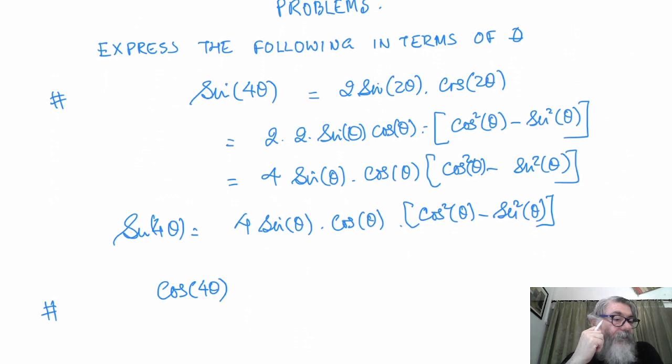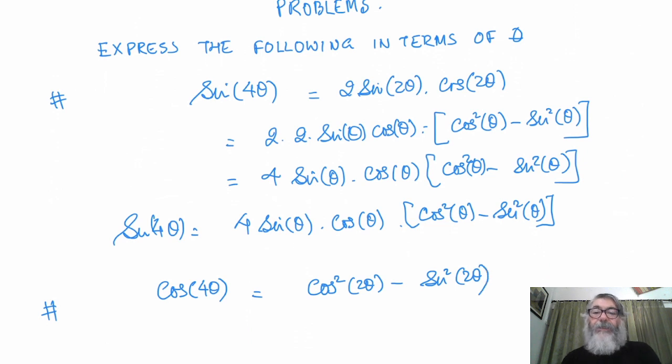So cos 4 theta can be written as cos square 2 theta minus sin square 2 theta.